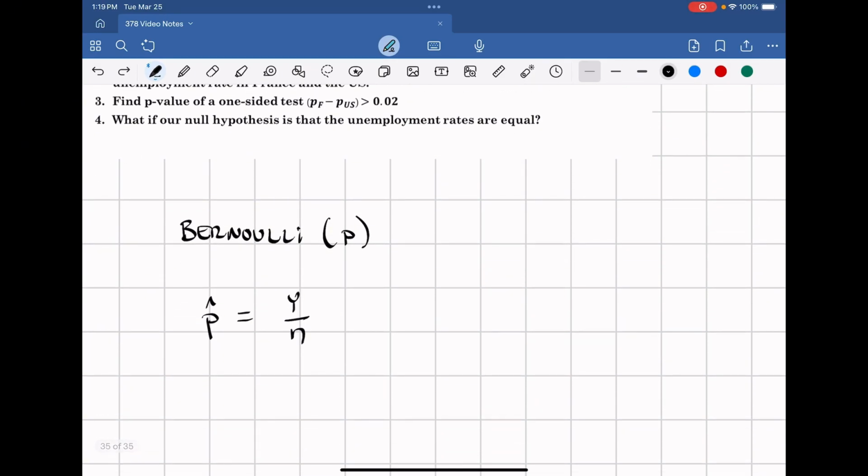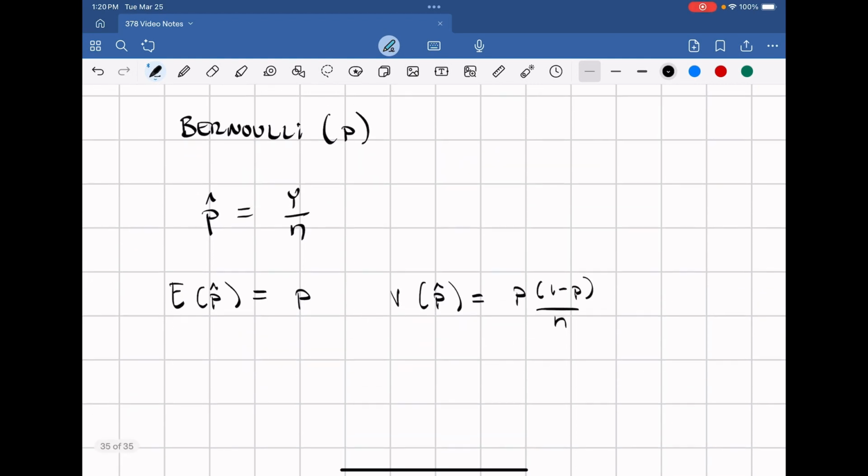But we could also look at then the expected value of p hat, and if I work through this, we'll find that the expected value is p. I can also take the variance of p hat, and if I work through that, that will equal p, 1 minus p over n.